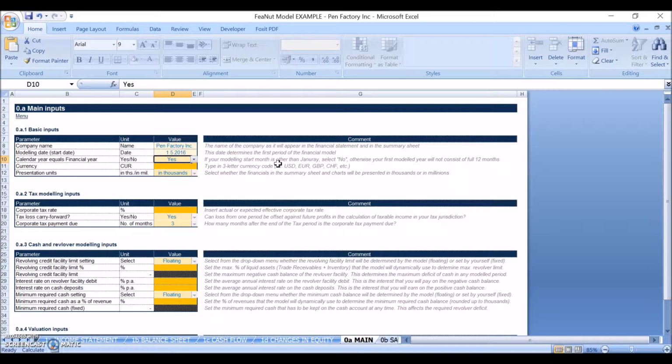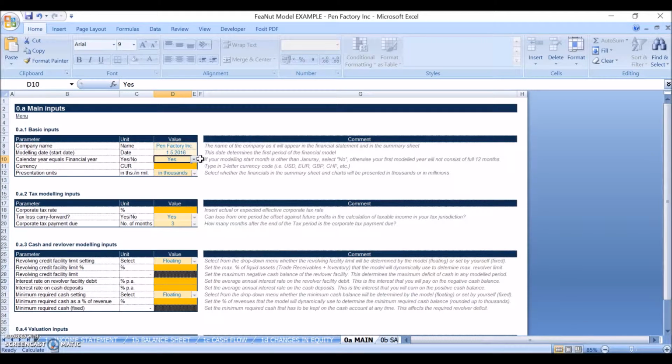So for the first period, for the year 2016, it will take into account only the period from May to December, and then for the last modeled year, it will take only 4 months from January until April. So we will not have comparable periods because the first modeling period will only cover 8 months and the last one will only cover 4 months.